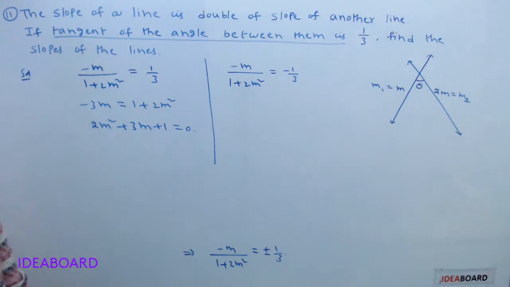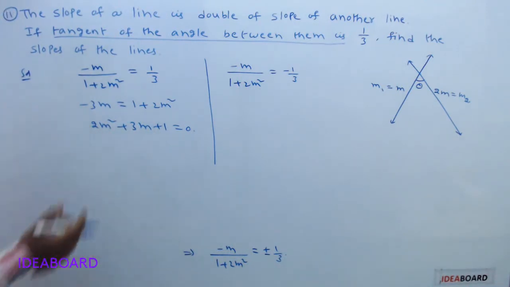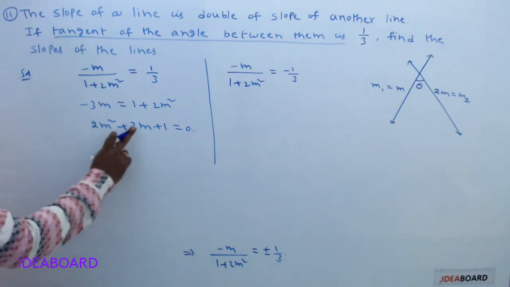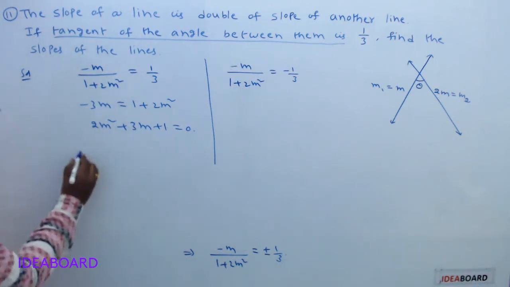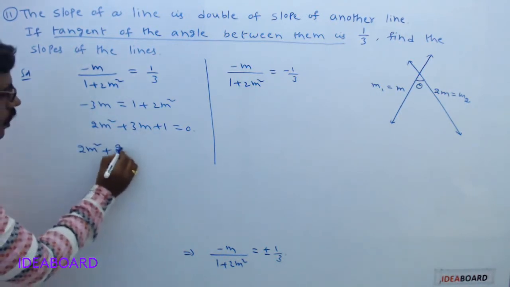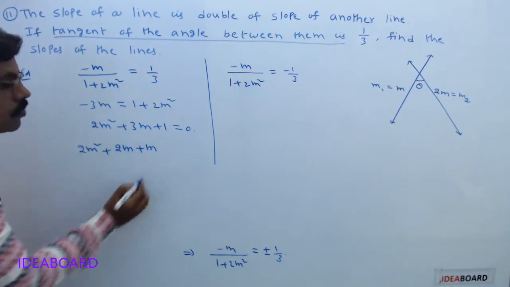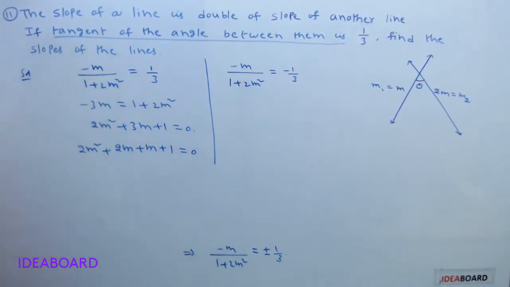Now it is a quadratic equation in terms of m. Write down the factors. Here this 3m can be taken as 2m plus m. It is 2m square plus 2m plus m plus 1 equals 0.